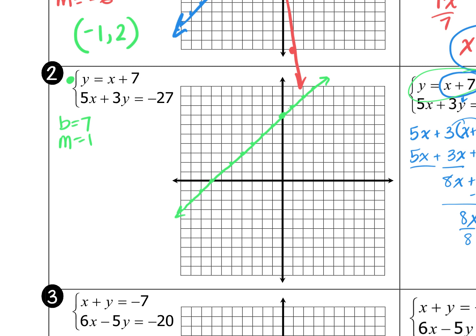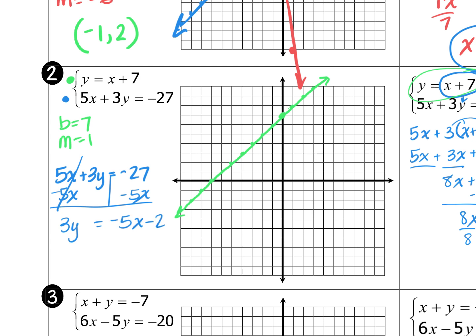Now the second equation, I'm going to rewrite that down here. I have to get y by itself. To get y by itself, the first thing we're going to move is the x term. So we'll subtract 5x from both sides. So you get 3y equals negative 5x minus 27.